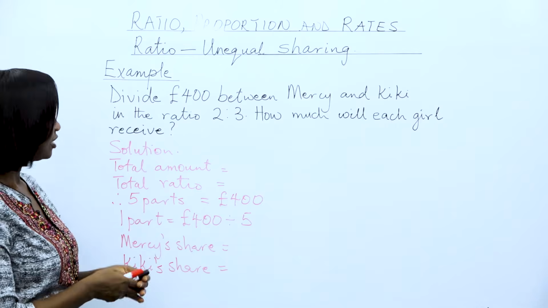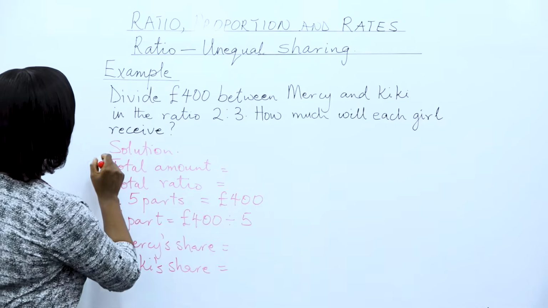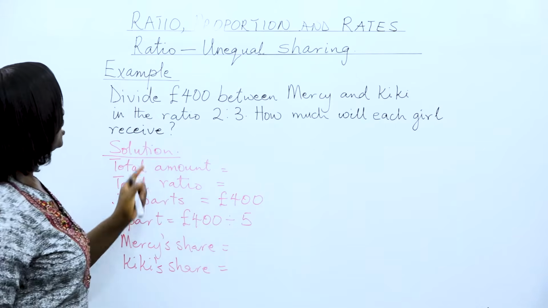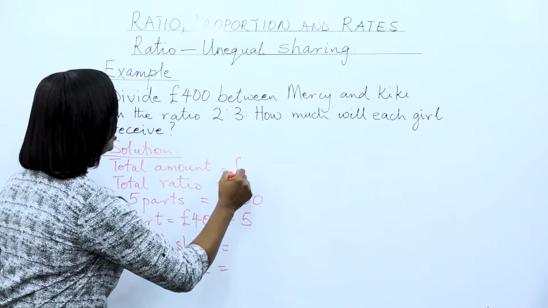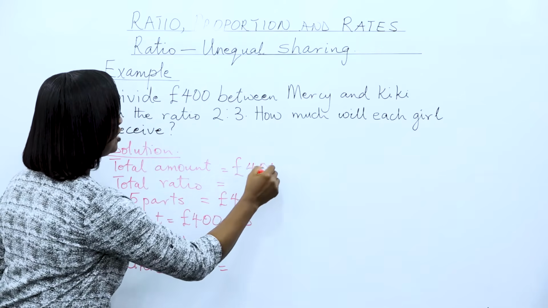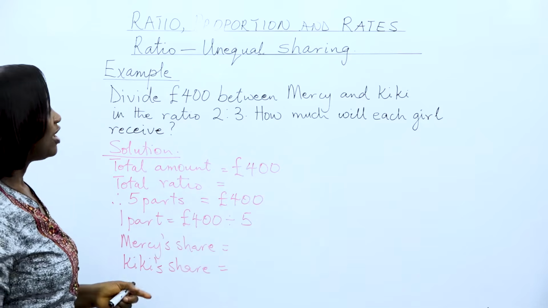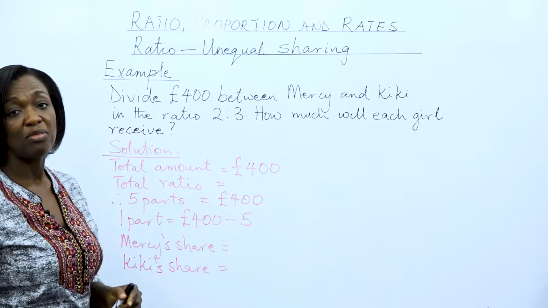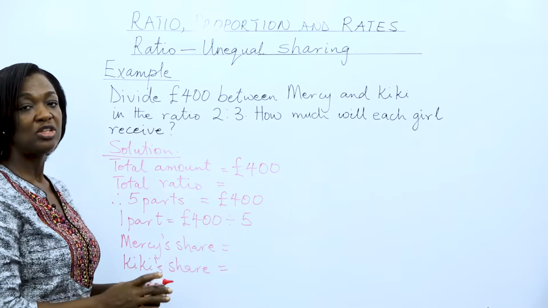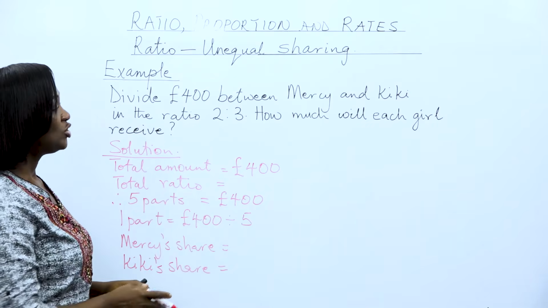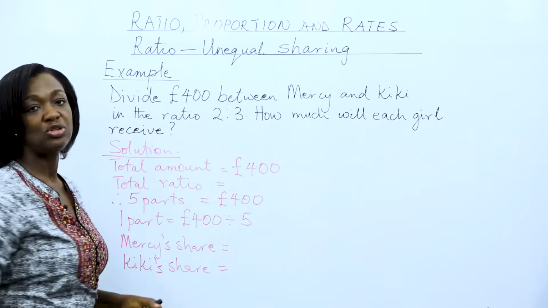So solution, the first thing is write down the total amount. How much are we sharing? Total amount is £400. Then, next you find the sum of the ratios. That's to tell you how many parts you need to share the money to be able to divide it in ratio 2 to 3.